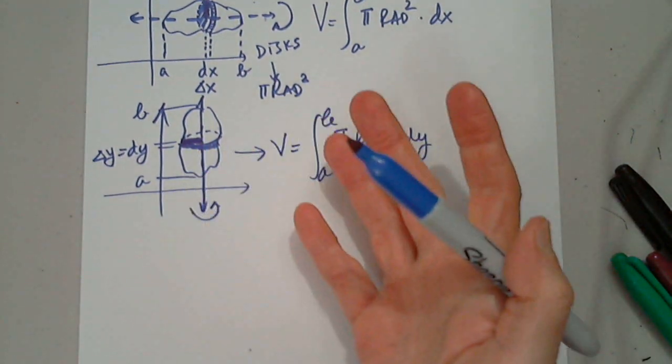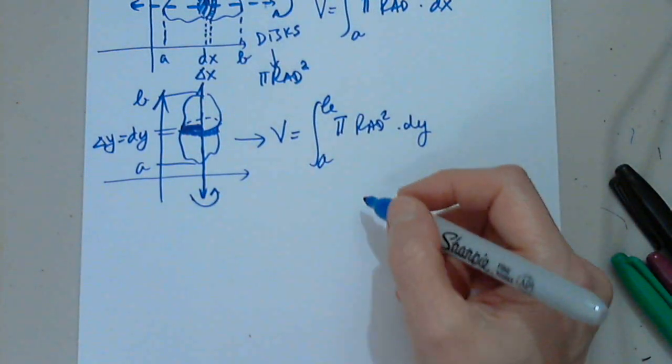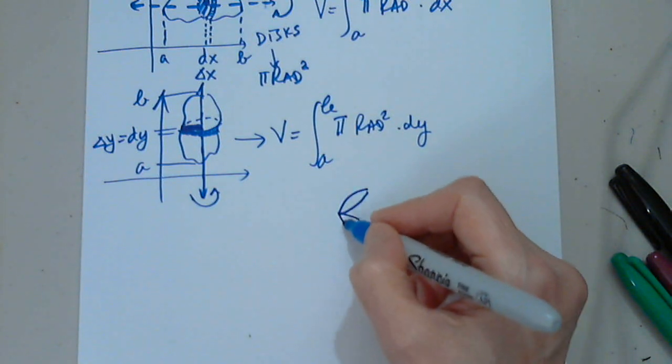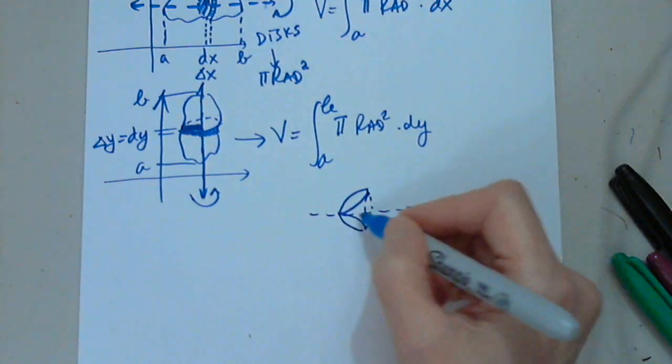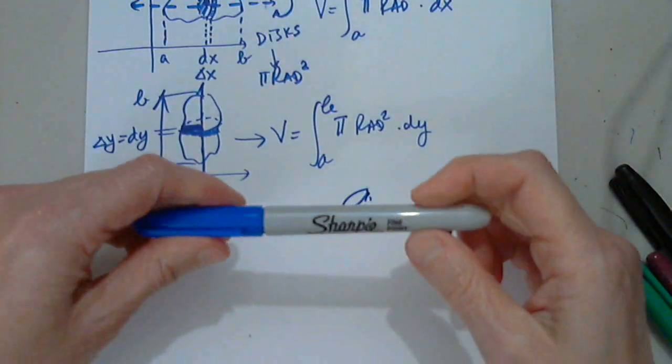And now what happens, we're going to look at examples in a minute, but what happens if we have, let's say, something like this. We're going to look at it in a moment. And we are rotating it with respect to a horizontal axis.